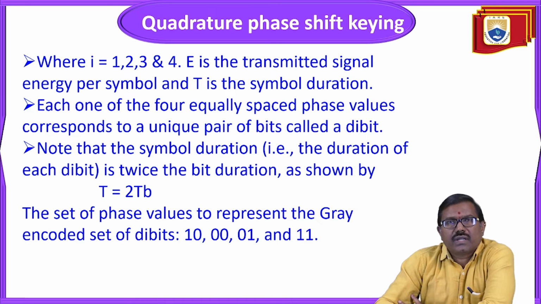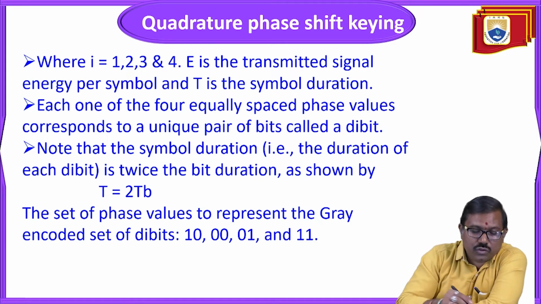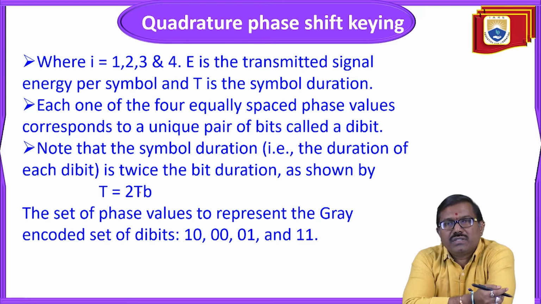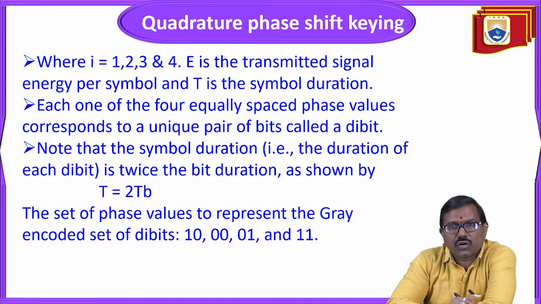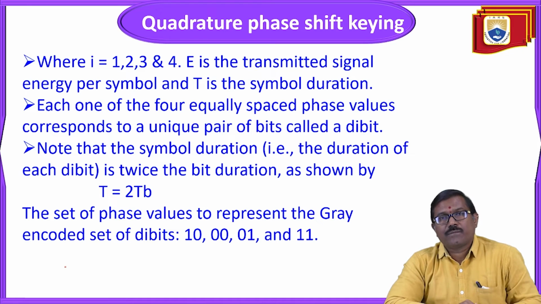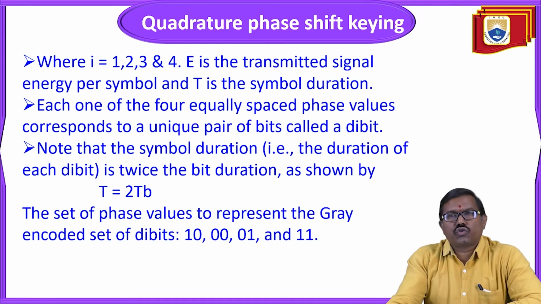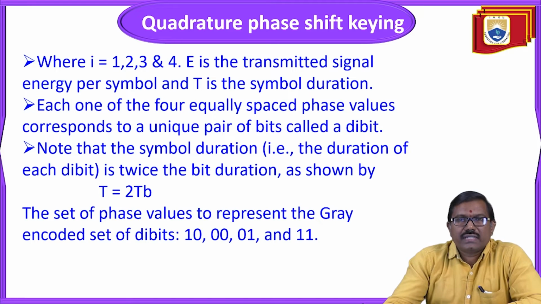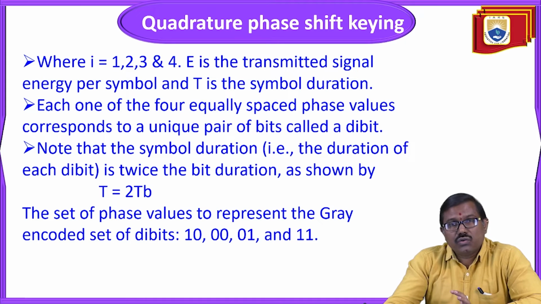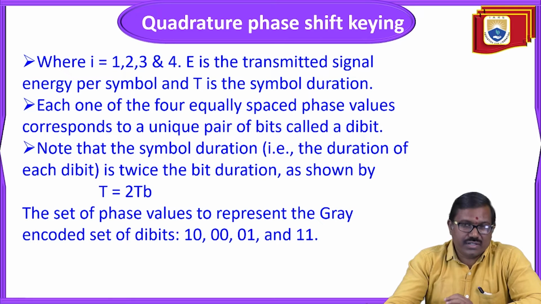Here E is the energy per symbol, T is the symbol duration. We already told that 2 bits are sent as a dibit, so the symbol duration is equal to 2 into Tb, where Tb is the bit duration. The set of phase values represents the gray encoded set of dibits.